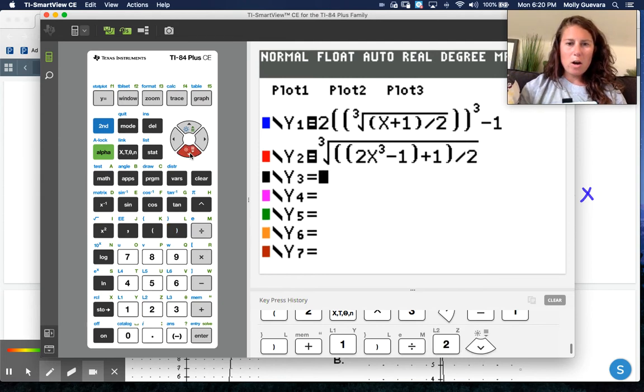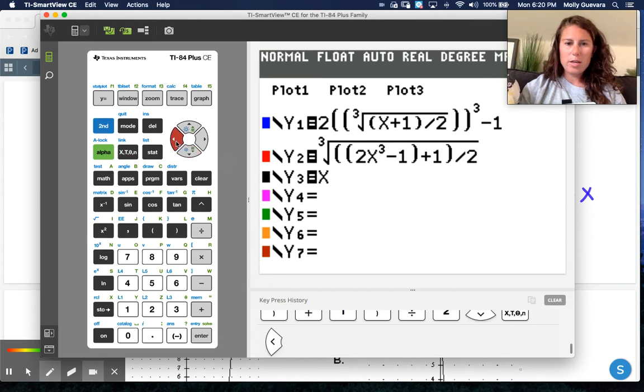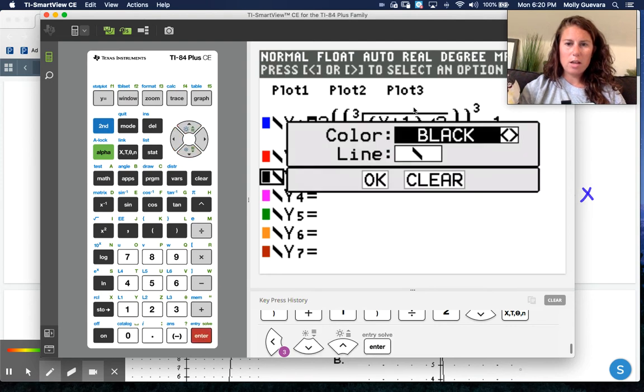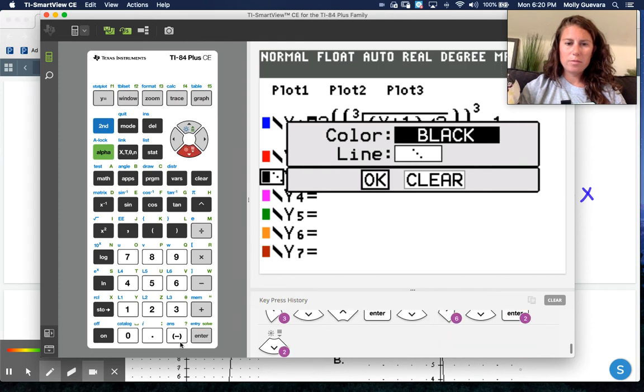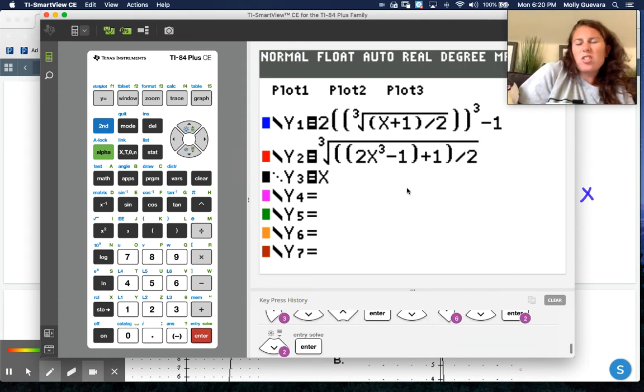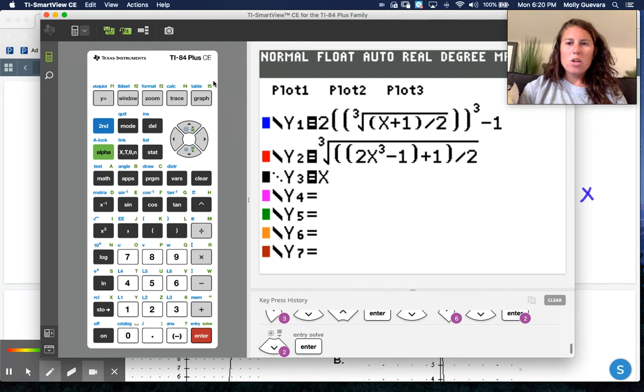And then I'm also going to graph the line y equals x, just to show you, and I'm going to make this a dashed line. It's kind of hard to do on my calculator here. There, that's probably better. Alrighty, just to show it's a dashed line, okay? So then I'm going to hit graph.